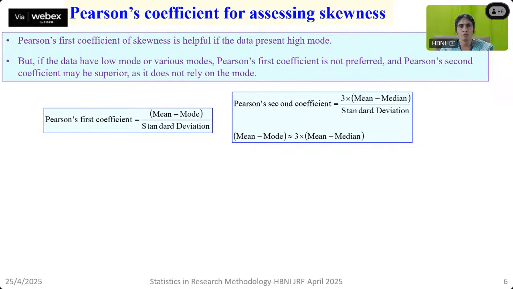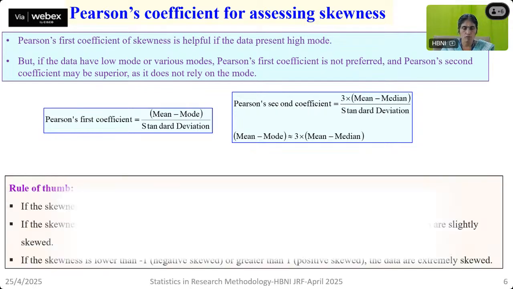To have a reference point, you see the mode remains the same, whatever be the peak position. Sometimes what happens, the data will have multiple modes also. Then you cannot apply simple calculation. If at all there is a single mode, you can calculate one Pearson coefficient in order to assess whether there is skewness or not.